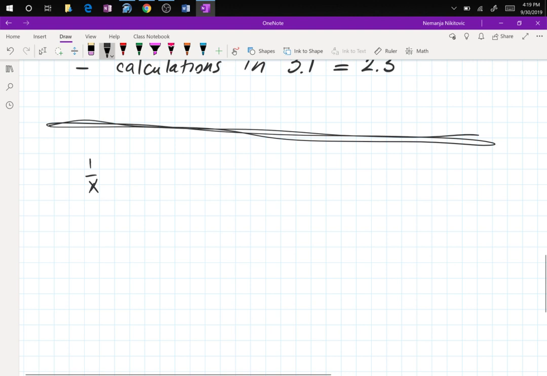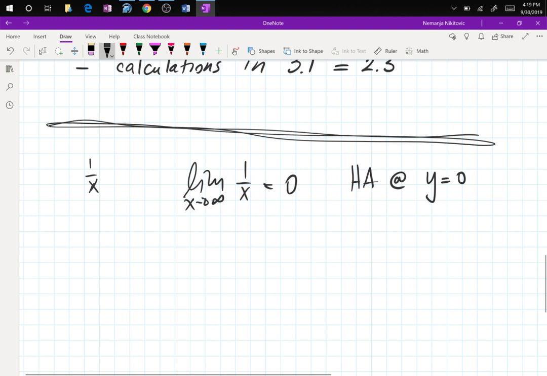And yes, you learn all that in pre-calc, but you're simply taking the limit as x goes to infinity of 1 over x, which is 0. And there you go, horizontal asymptote at y equals 0. Done deal. This is the way we do it in calculus without memorizing any special rules, any special cases, right?